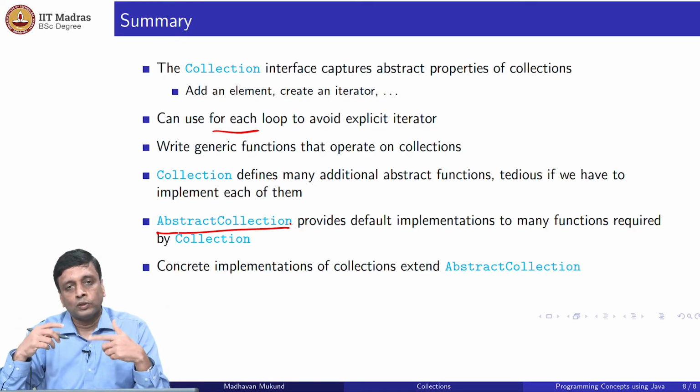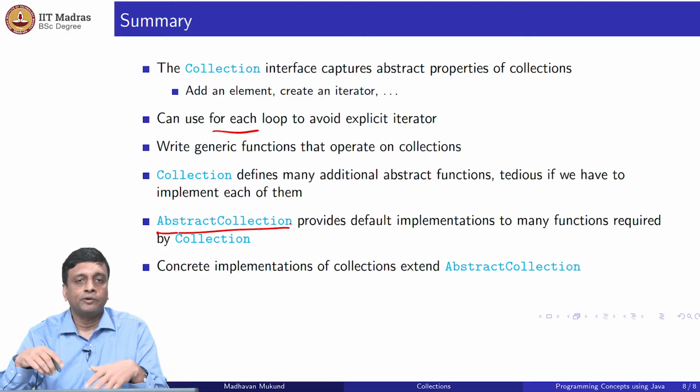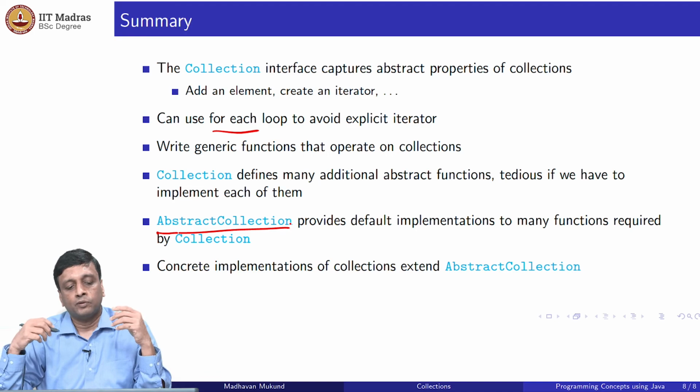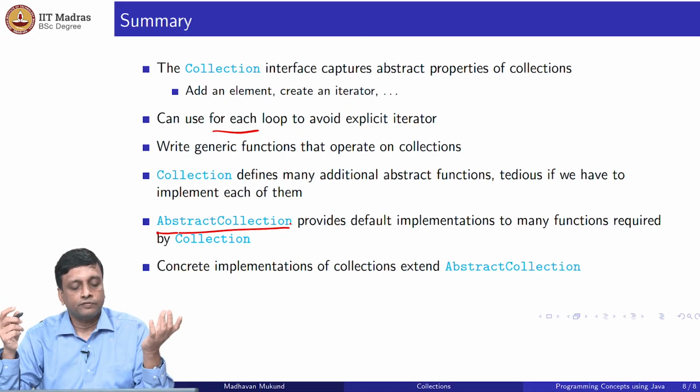The reason we have this two-level structure is only because at the time when collection interfaces were defined, there was no possibility of adding default implementations in the interface. In a modern setting, if you were redoing Java from scratch, we could avoid abstract collection and just work directly with collection and put all these default definitions into the interface itself.